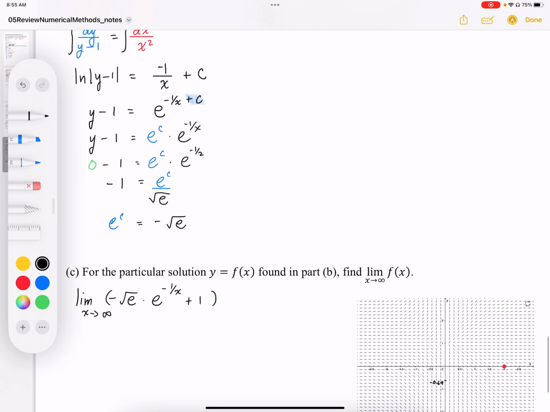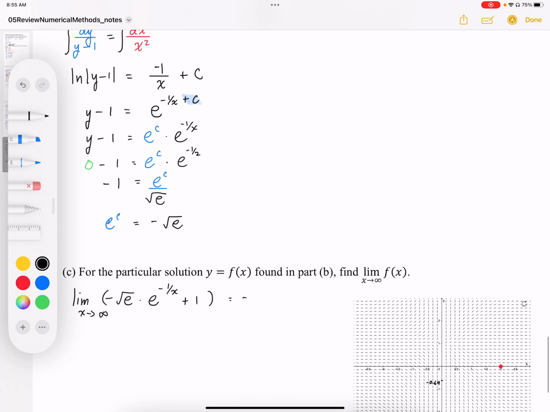Okay, so I can just plug infinity in here, and so I get negative root e times e to the 1 divided by infinity, which is 0, so we get e to the 0 plus 1. So my limit is 1 minus the square root of e.